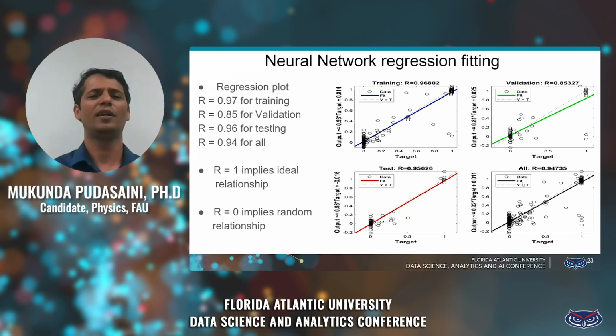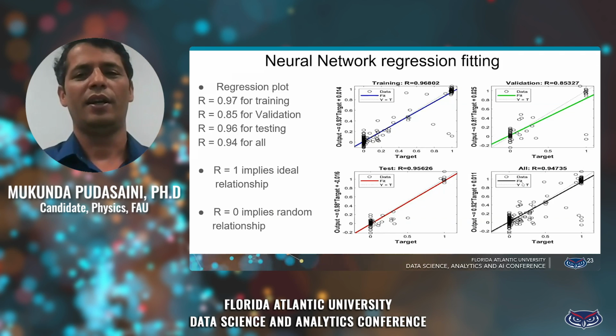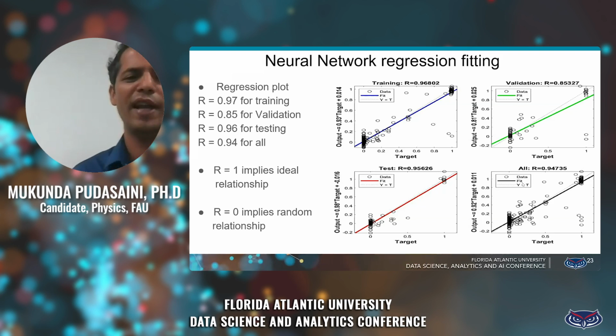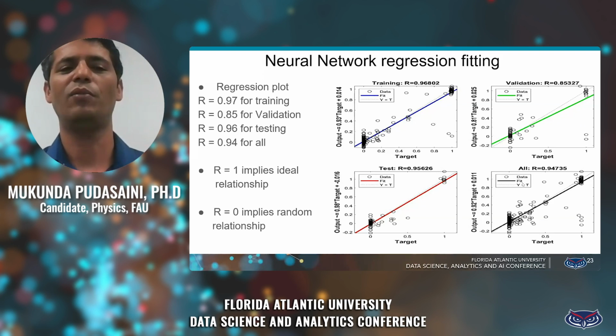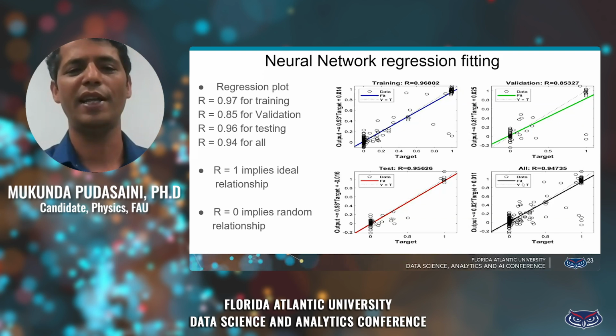Let's move to the regression fitting of the neural network. This is the regression fitting of the neural network for all 100 patient cases, 70% for training. We got the R value for training 0.97, the R value for validation 0.85, and R value for testing is 0.96.